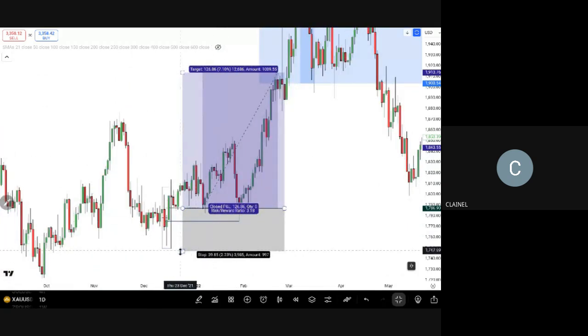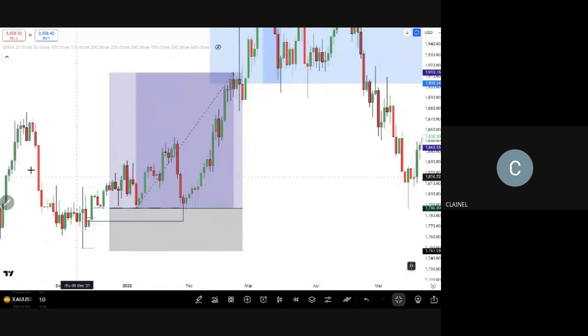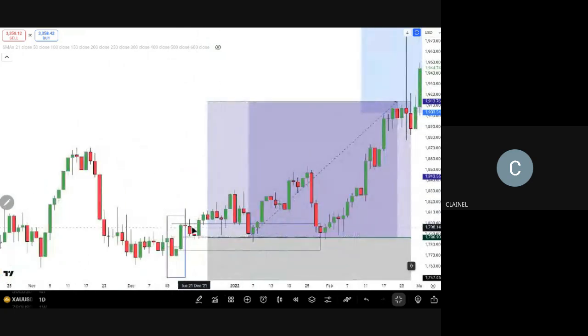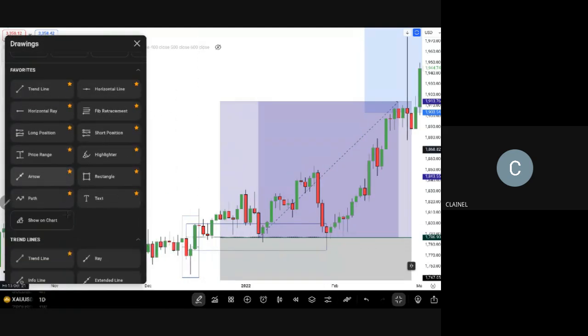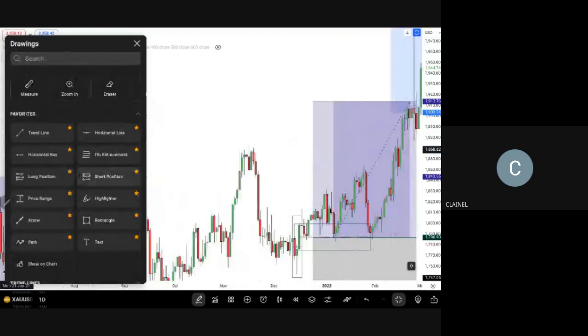So right here, after placing your stop loss below this candlestick and your entry at the 50th percent of your bullish candlestick right here from this three candlestick pattern, which is your morning star. Let me use another shape to identify it.